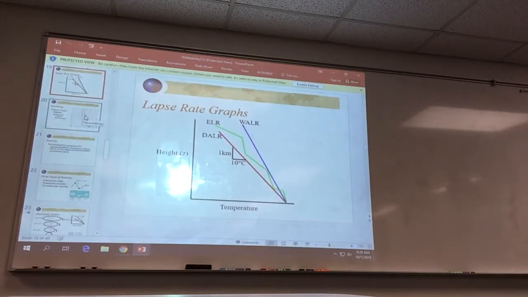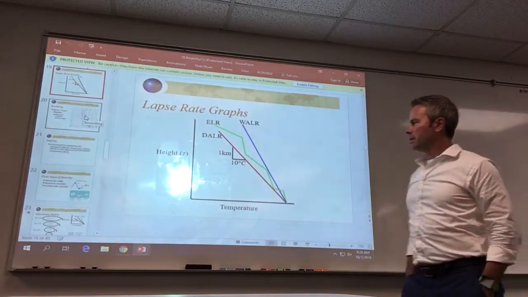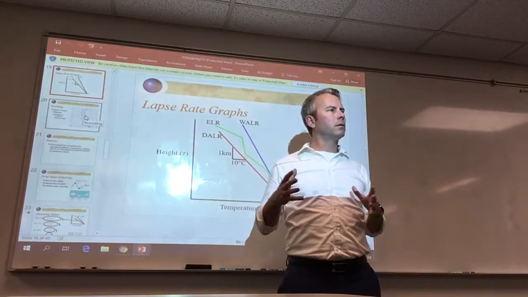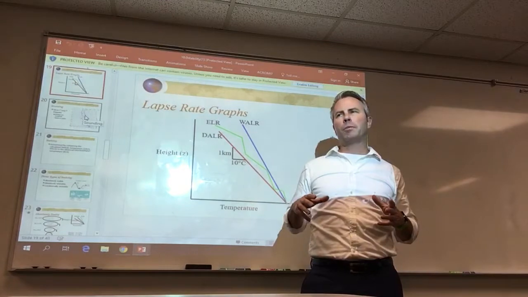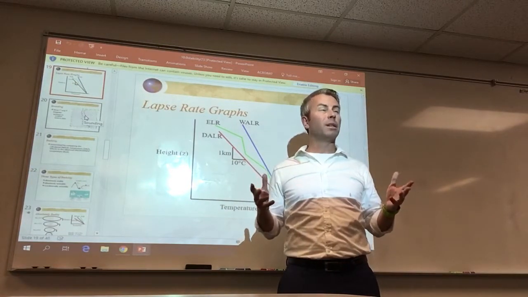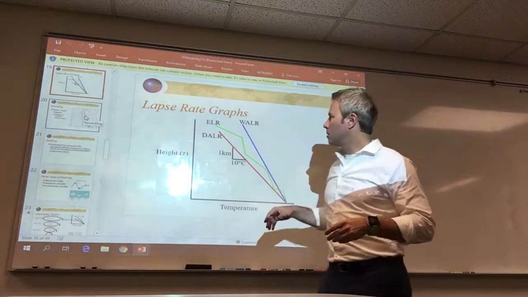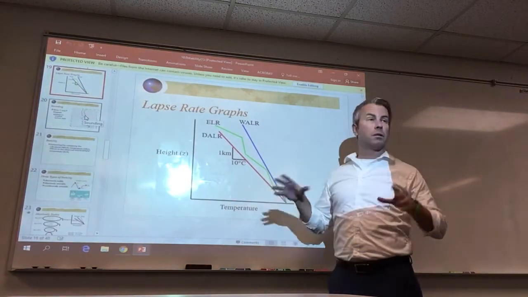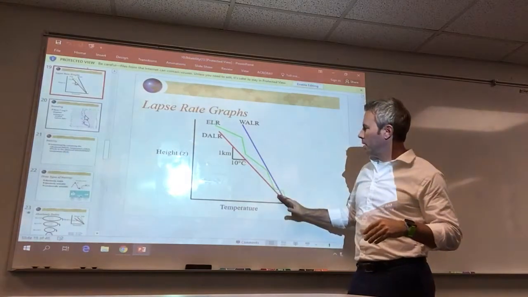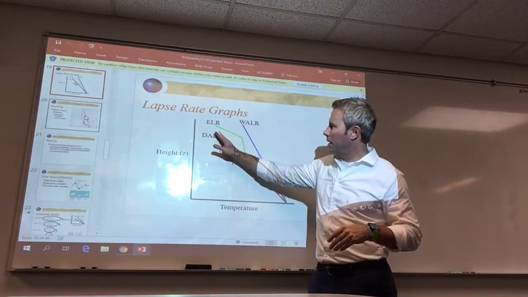So the way this works between the two is when you look at lapse rates, you have to figure out where is your air parcel. Is your air warmer or colder than the air surrounding it? Basically the environment, right? So the dry lapse rate, which we know is the standard, the set number, 10 degrees per 1,000 meters, is going to be a very set line, just like that.